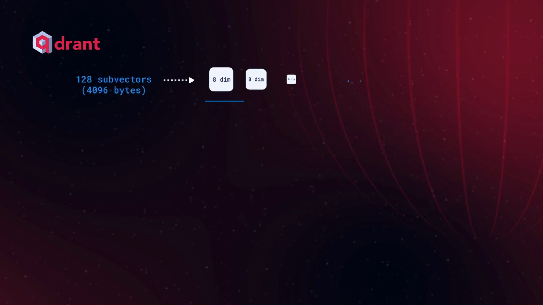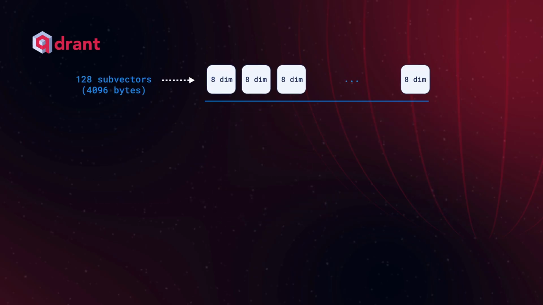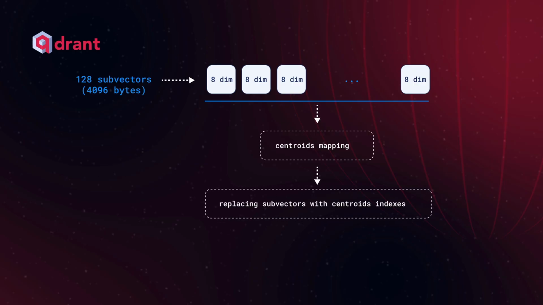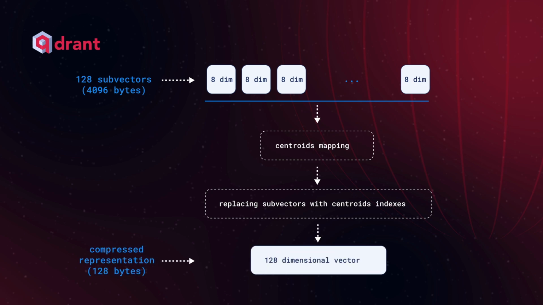For each subvector, a separate codebook is created, representing regions in the data space where common patterns happen. Each region in the codebook is defined by a centroid, which serves as a representative point, summarizing the characteristics of that region. Depending on your configuration, you can choose to use product quantization to compress your vectors by 4, 16, 32, or even 64 times.